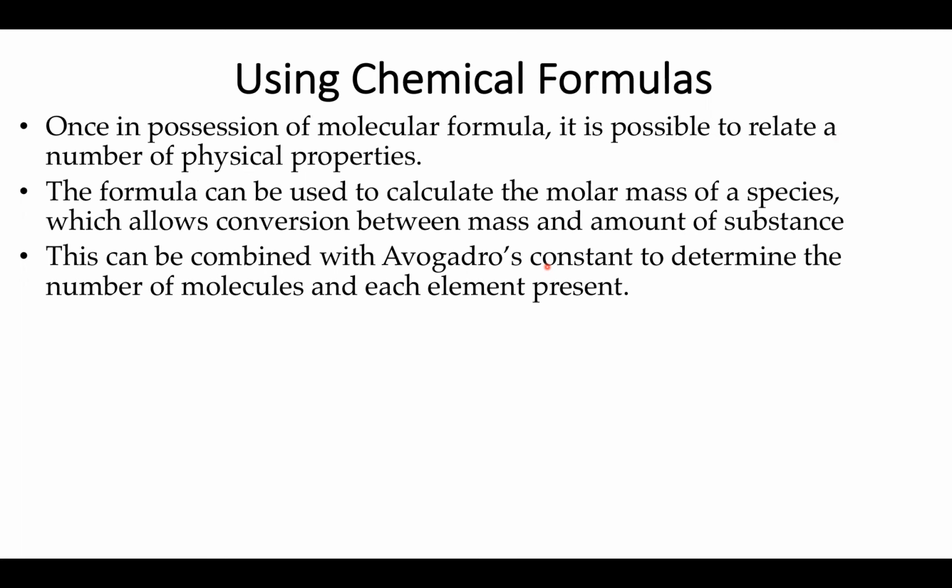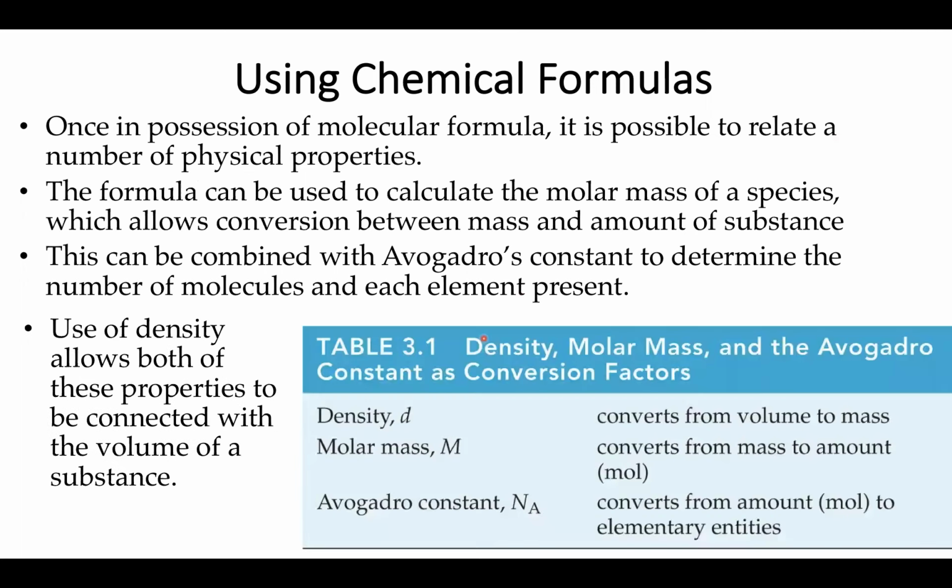Another thing you can do is combine molar mass and density to find the number of molecules per volume of substance, or if you know the number of molecules, you can figure out the volume present. So by pairing these three together, volume to mass, mass to moles, and moles to number, we can do a lot of conversion up and down this spectrum.